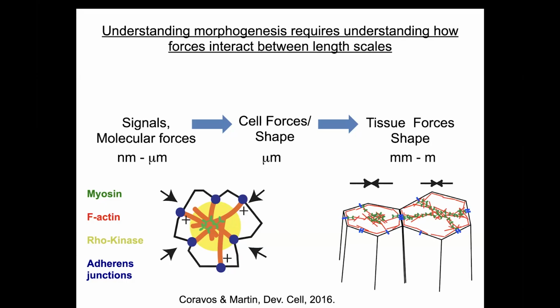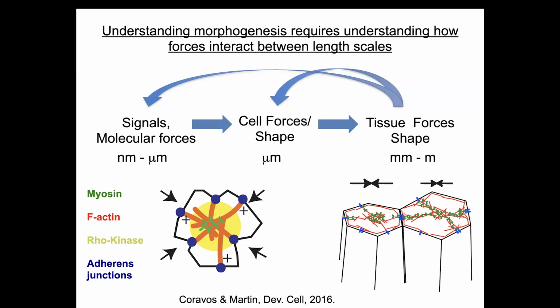Now, what's really fascinating about this process is tissue level forces feed back on these other smaller structures in order to influence the overall behavior of the system. As Thomas Lecuit showed you earlier in the meeting, there are all these feedback loops that go into dictating what the final shape of the structure will be.